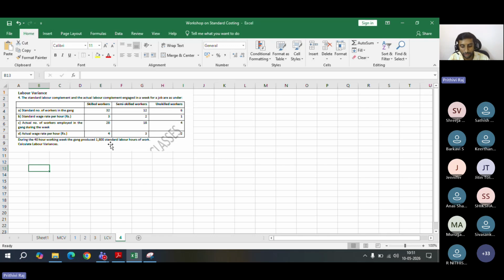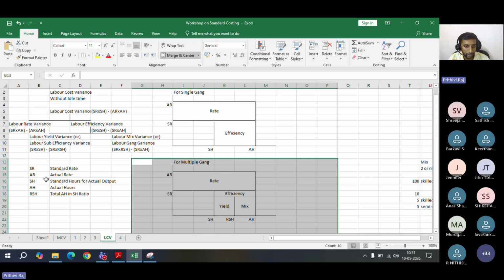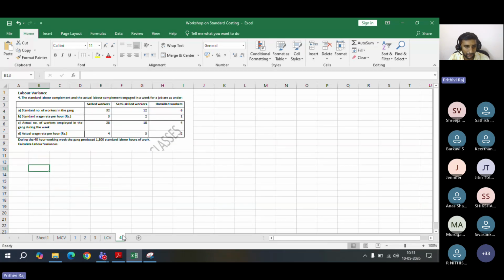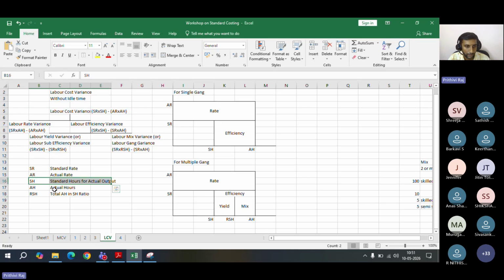Usually in labor cost, for SH they mostly give it in the question; only certain sums require calculating SH. Here the total standard hours is 1,800, and you split it into skilled, semi-skilled and unskilled. Also, by hours I mean labor hours.